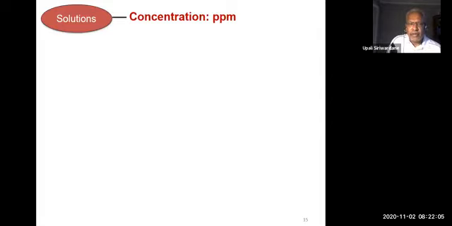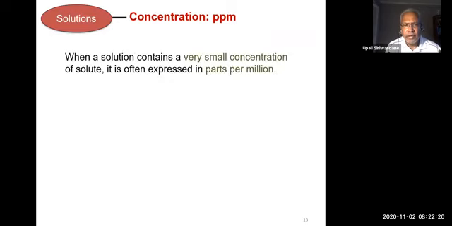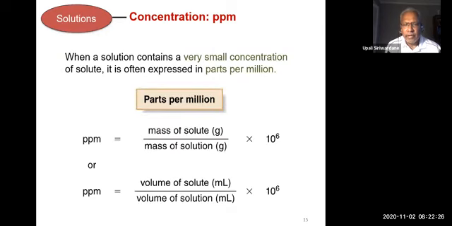When concentrations are much lower than percentages, we use parts per million. Rather than multiplying by 100 to get percentages, we multiply by 10 to the 6.